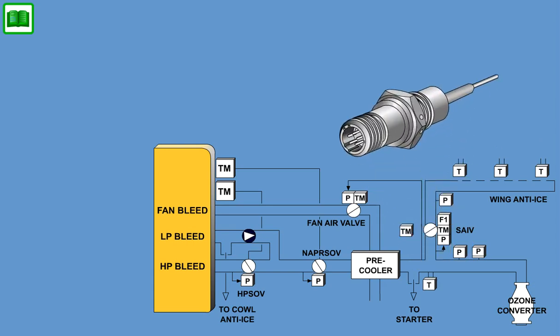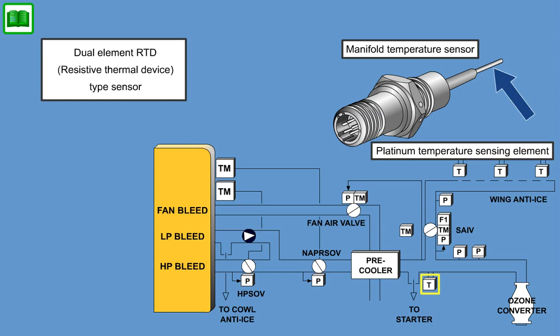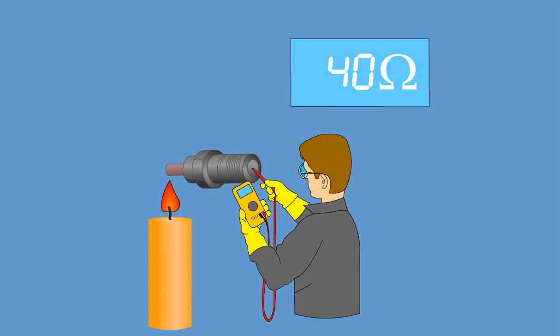The manifold temperature sensor is a dual-element RTD, resistive thermal device type sensor, and contains a platinum temperature sensing element housed in a steel probe shield. The electrical resistance of this temperature sensor increases with increasing temperature. The changes in resistance result in voltage changes across the sensor.